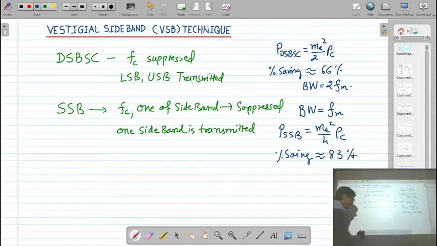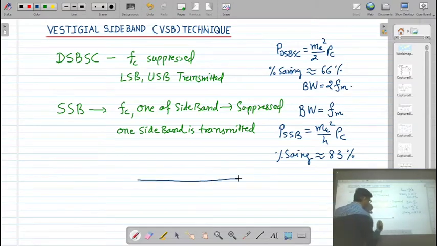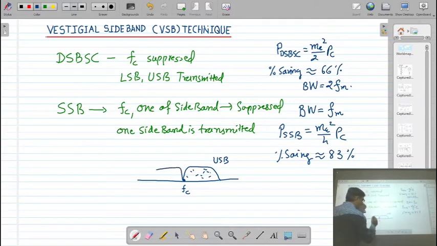And if you see the frequency spectrum for this, then somewhere here we have a carrier frequency, and then this is my upper sideband where the information is there, and here we have a lower sideband where the information is here.